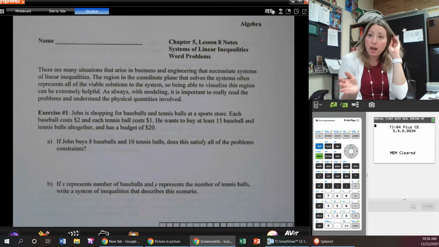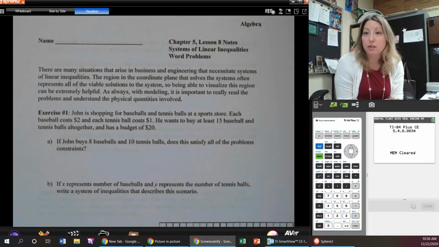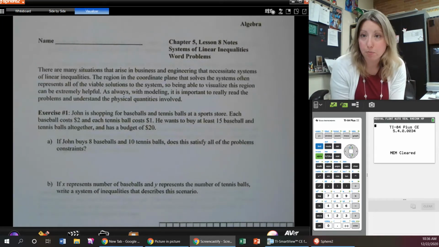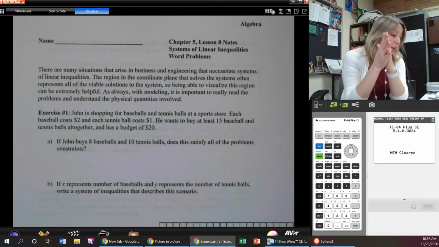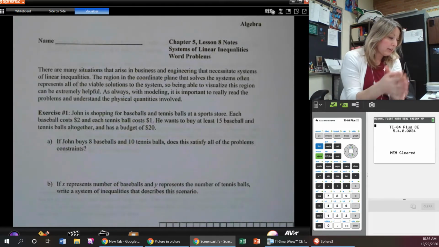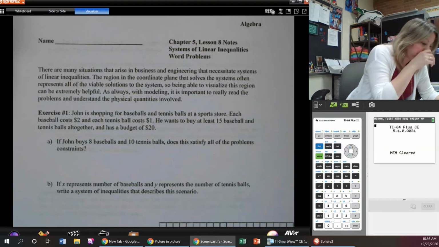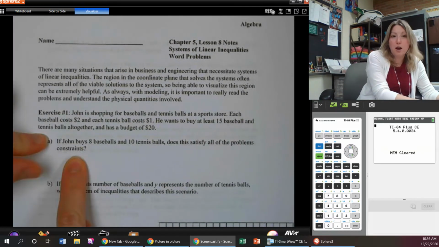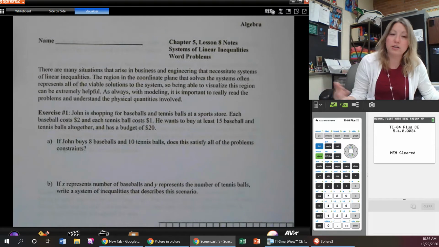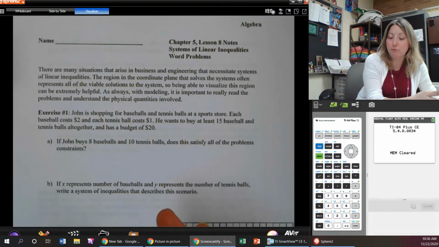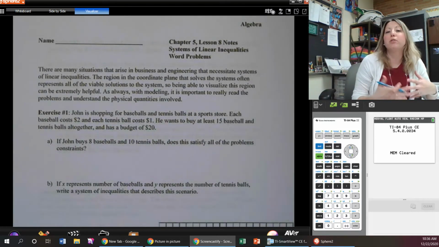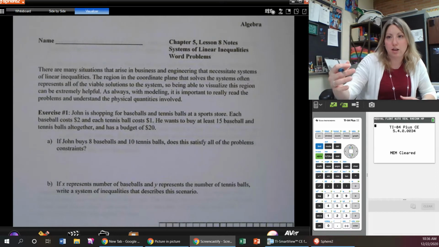So, first we have to represent baseballs and tennis balls. So that's the first thing we need to do. And we're going to use X to represent number of baseballs and Y to represent number of tennis balls. Okay. So I purposefully skipped A already because I want to come back and talk about it after the fact. Let's represent things first, then we can get into scenarios with those things.